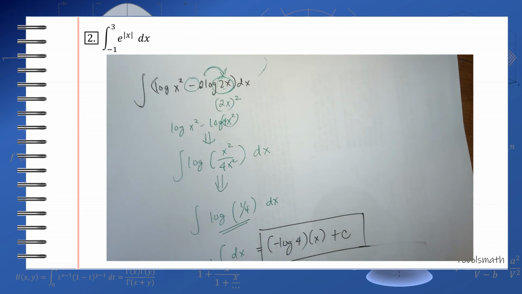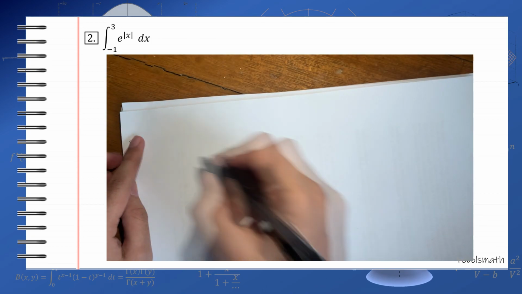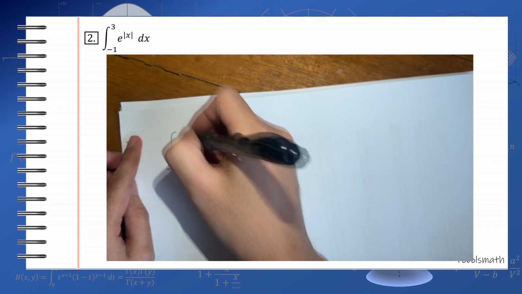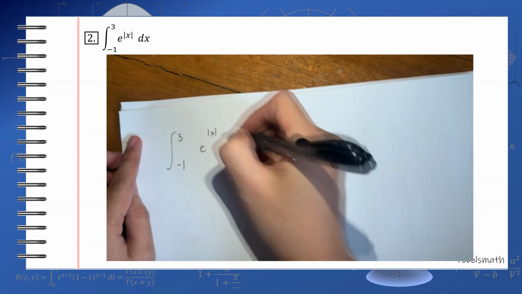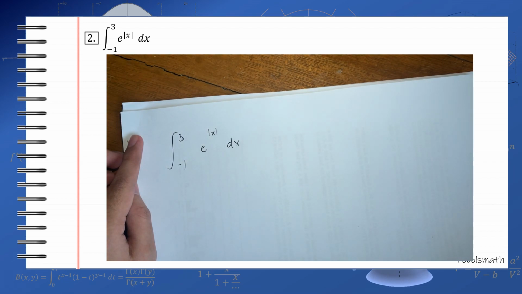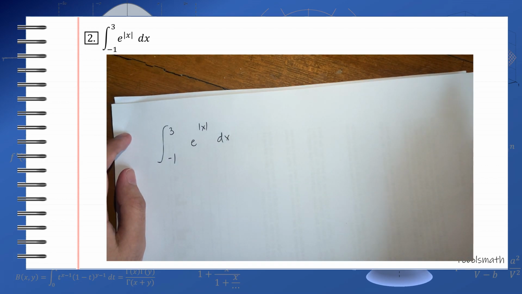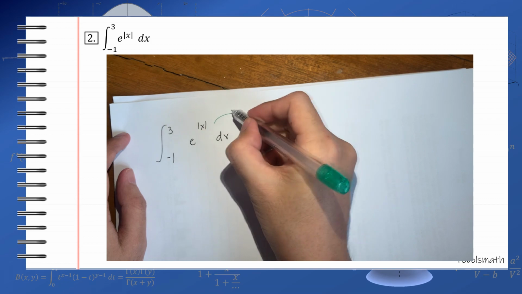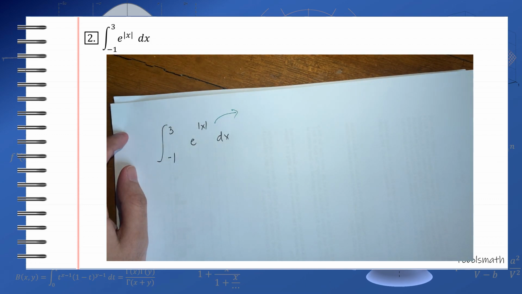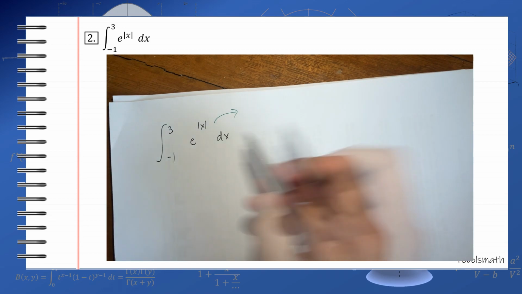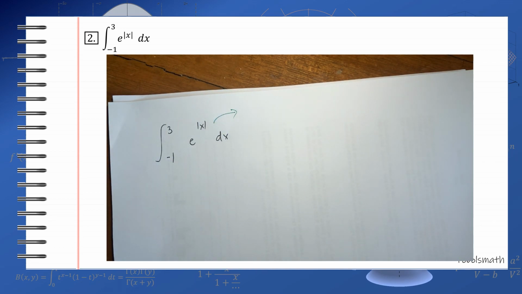Next, for the next question, we are asked to solve a definite integral, negative 1 to 3 of e to the absolute value of x dx. We should split x, since its definition is not the same over the interval negative 1 to 3.